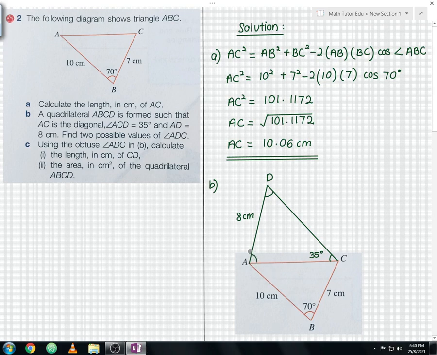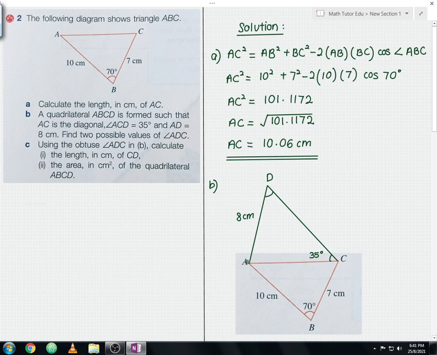Okay, if this angle is given, we would know the exact angle of angle ADC, but then DAC is not given, so there will be an assumption, guys. In this case there will be two possible values formed for the angle ADC.